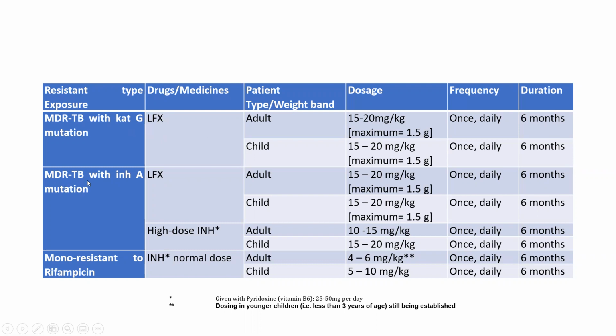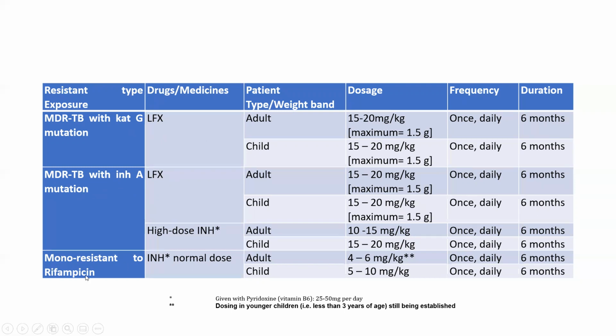And if they have an INH mutation, you could give them a combination of levo and high dose INH. So the source case plays a major role in terms of the treatment outcome or the resistance pattern of the patient with their mutation. It guides you in terms of your TPT.